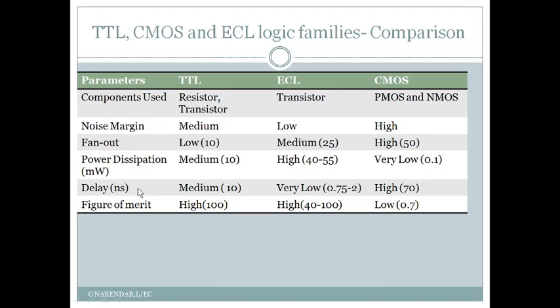Here the propagation delay is medium, 10 nanoseconds for TTL, 0.75 to 2 nanoseconds for ECL, and 70 nanoseconds for CMOS family logic gates. So I can say that the ECL family is the fastest family and the CMOS family is the slowest logic family.